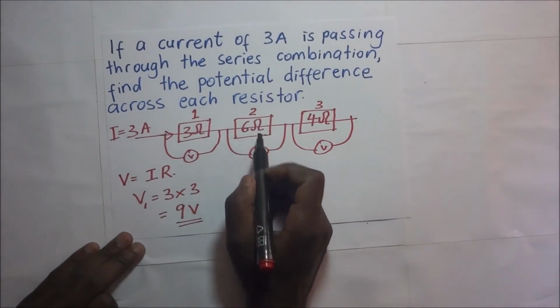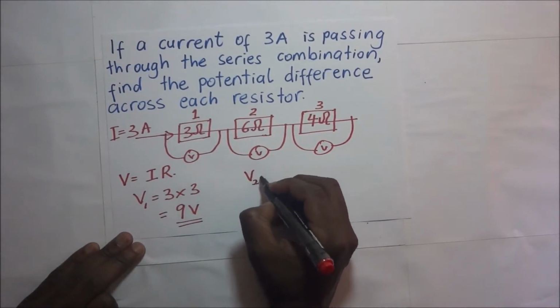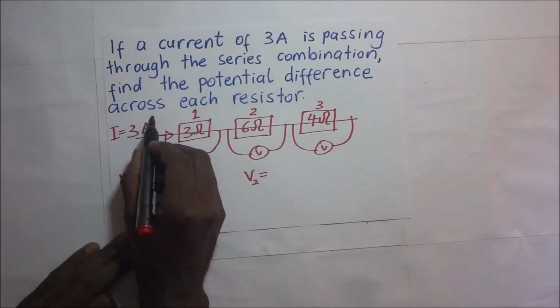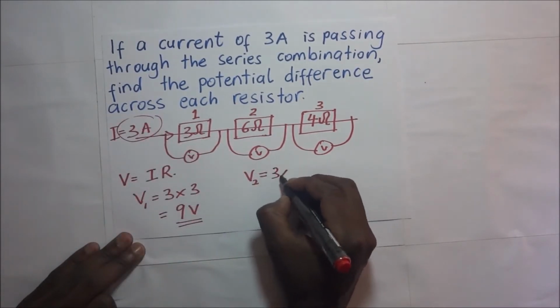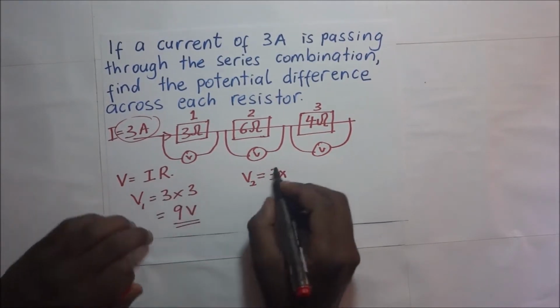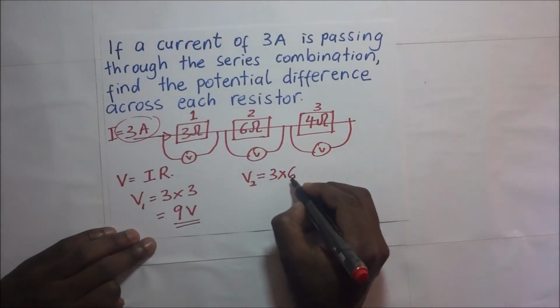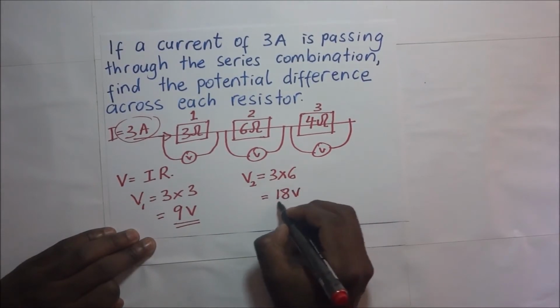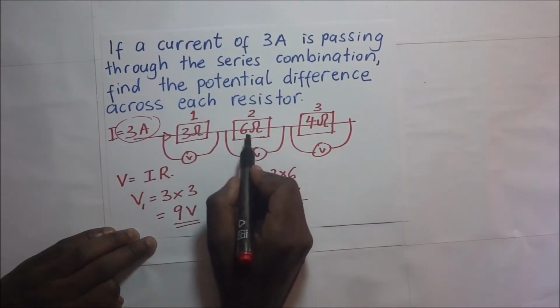Getting to the potential difference across the 6 ohm resistor, V2 is going to be equal to the current going through the 6 ohm resistor, which is 3 amperes, times the resistor itself, which is 6. Of course, 3 sixes are 18, so we have 18 volts. That's the potential difference across that resistor.